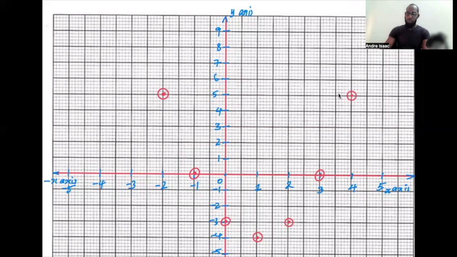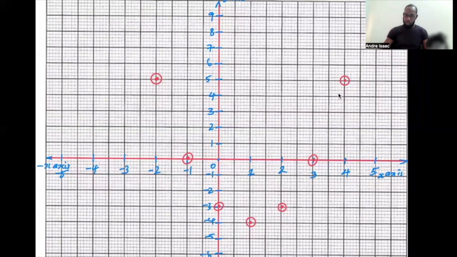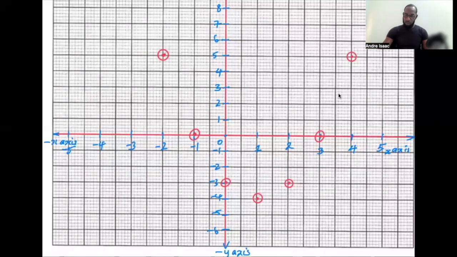All right. So what we do after, we draw a smooth curve. Let me see how my skills are working out. I like how that looks there.